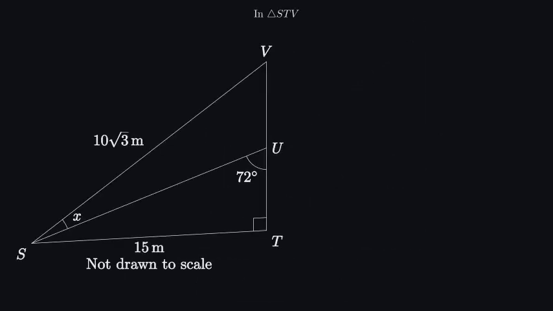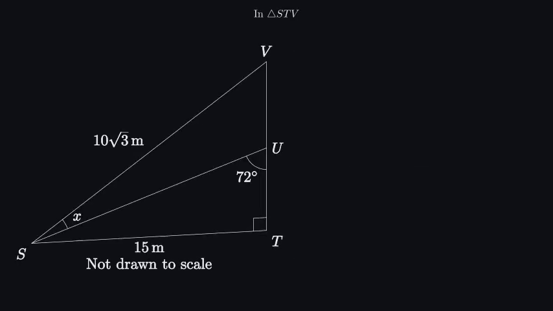The first important observation is that STV is right-angled at T. The side SV is opposite the right angle, so SV is the hypotenuse. The side ST is one of the shorter sides of the right triangle.